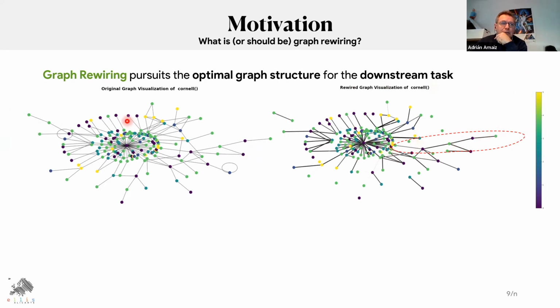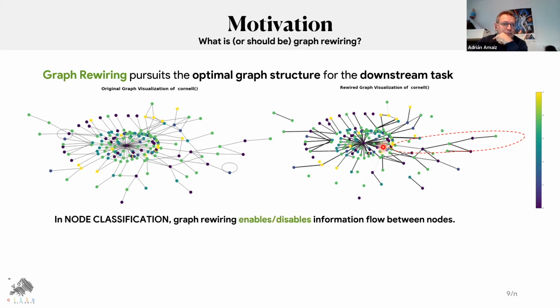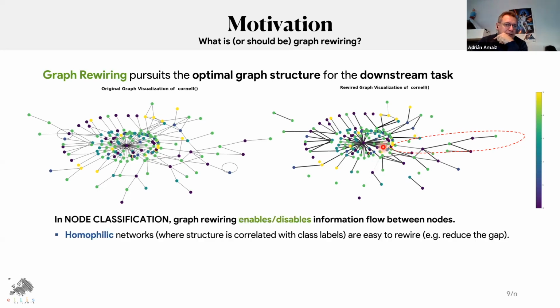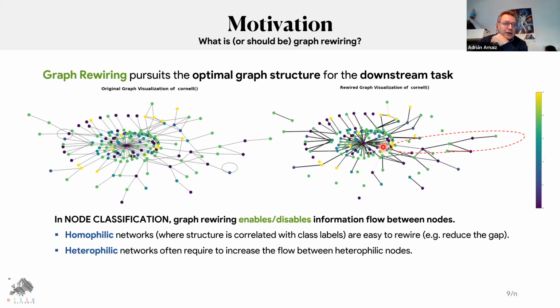So the rewiring should preserve this kind of paths, and this is one of the reasons why in heterophilic graphs it is important to do a rewiring that preserves the access between distant heterophilic nodes. In homophilic networks it is very easy to do the rewiring, because all we have to do is to reduce the gap. In heterophilic networks, we have to be more careful.